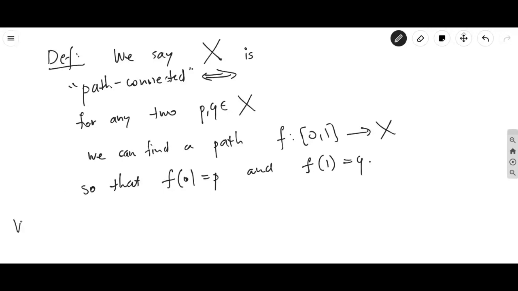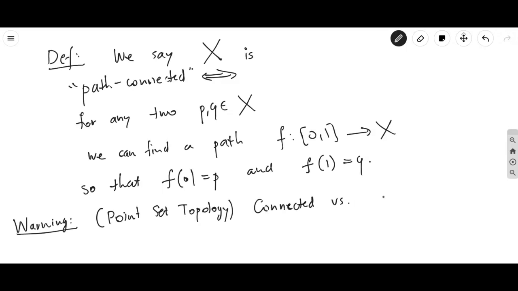I want to give you a little bit of warning here that hopefully does not give any confusion, but this is really point set topology, which you do not need to know. But in point set topology, there's actually a difference between being connected and being path connected, as confusing as that may seem.